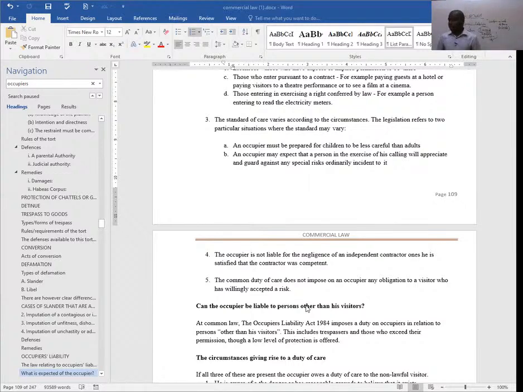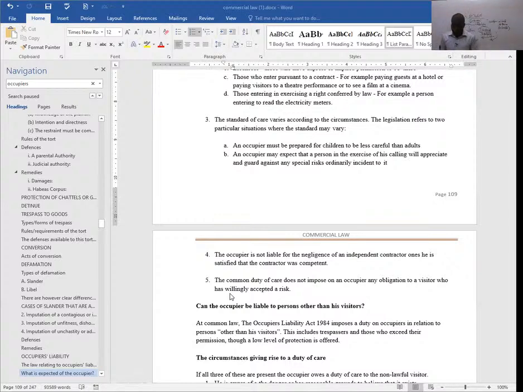For example, if a supermarket has pillars inside, and one of the pillars falls on a customer, the supermarket cannot be held responsible if it hired the services of a qualified independent engineer. So this engineer was qualified to build the pillars in the supermarket. If the pillar becomes faulty, the person who should be held responsible is the independent contractor and not the occupier of the supermarket.